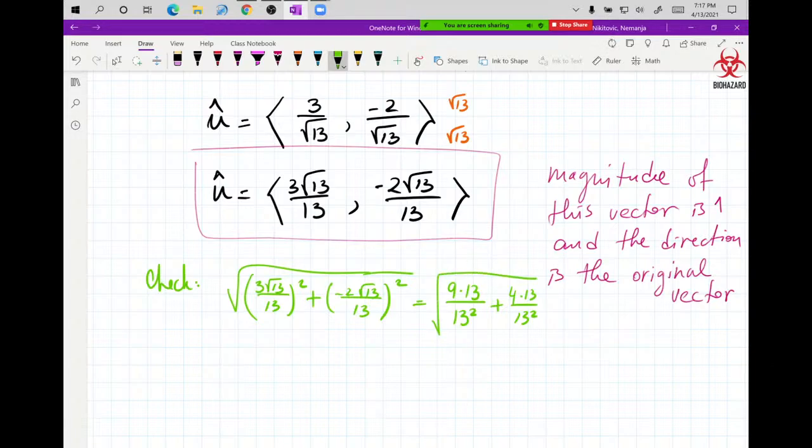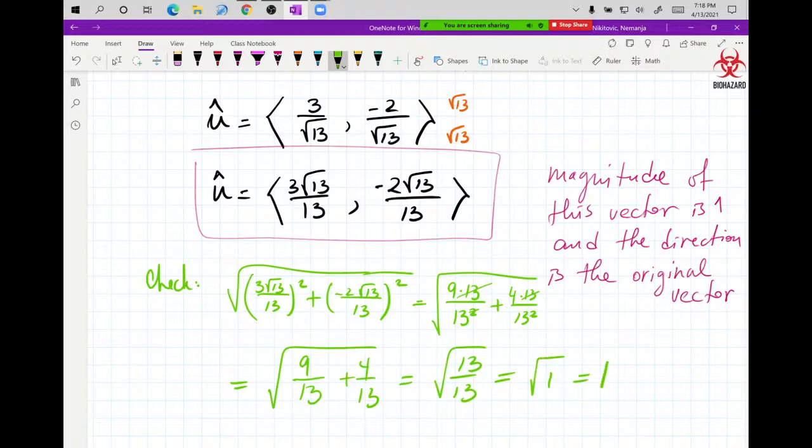Because 3 squared is 9, then square kills the root, so 9 times 13. And again, quick computing, instead of reaching for the calculator, just cancel one of the 13s. Cancel this 13 and 1 on the bottom, cancel this 13 and 1 on the bottom, and what are you left with? You're left with the square root of 9 over 13 plus 4 over 13, and that's already common denominator, which is square root of 13 over 13, which is square root of 1, which is 1. So we do have magnitude of 1. It's a unit vector.